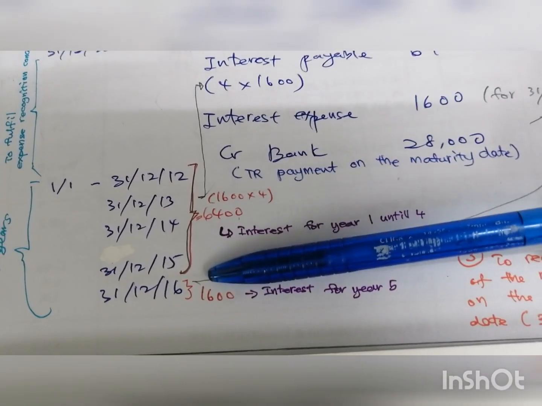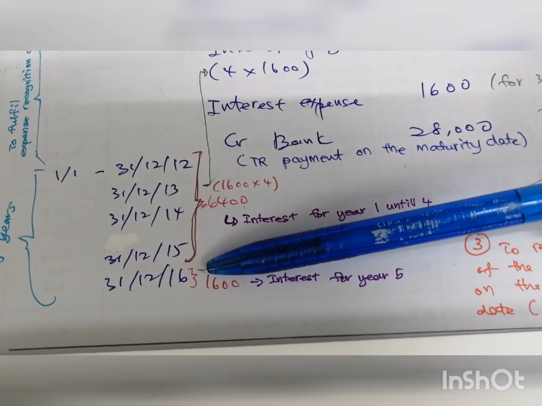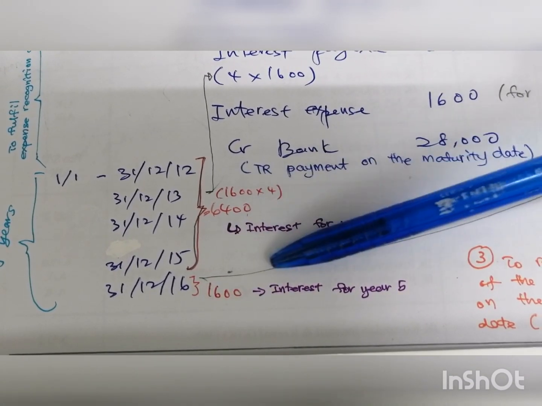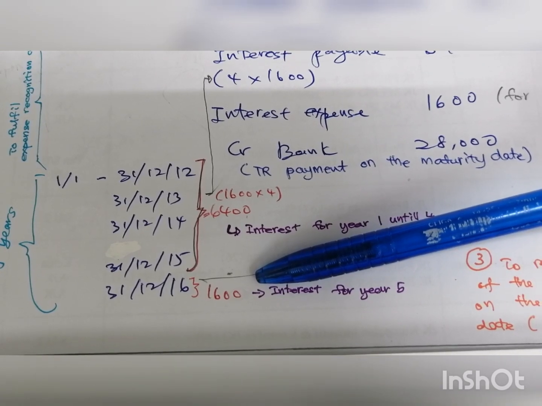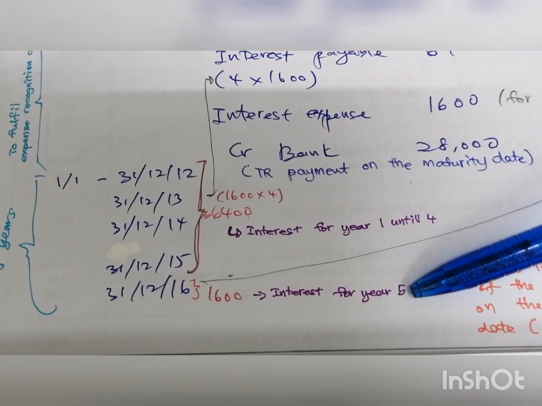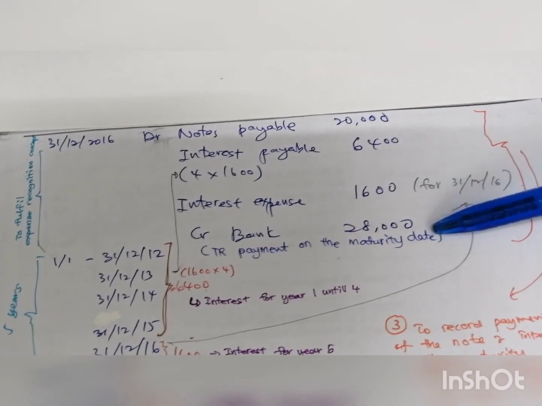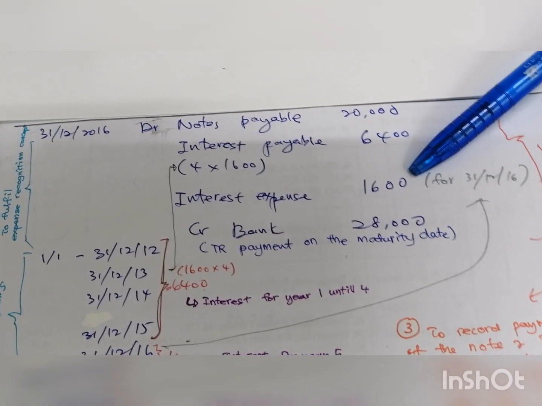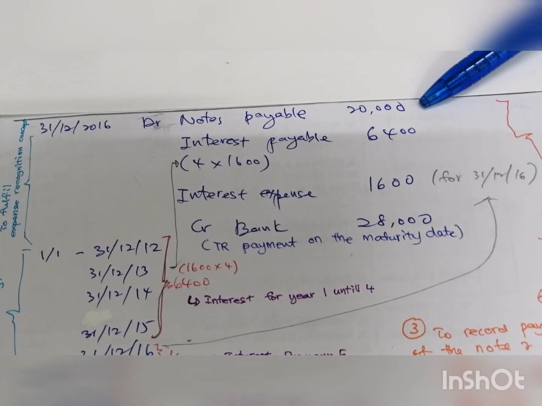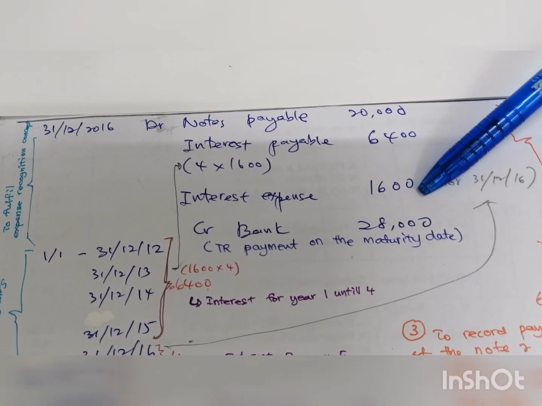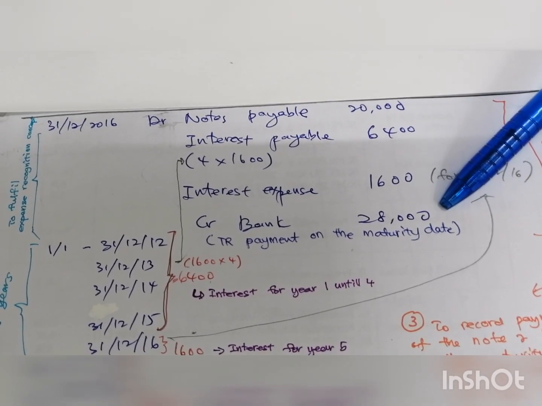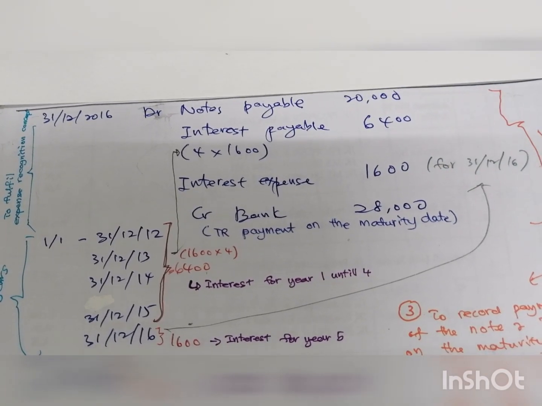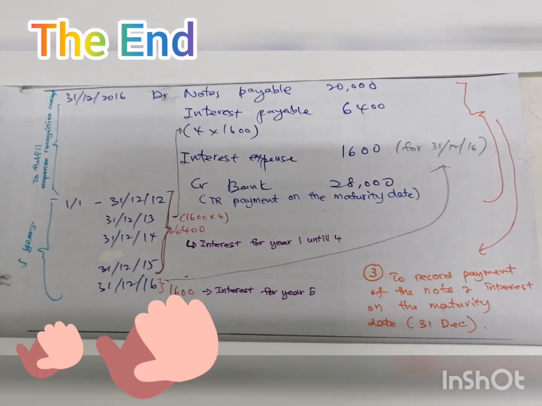The interest for the final year, at 31st December 2016, is only 1,600. So this is the interest for year 5. That's why we record here interest expense of 1,600. Add these together and you will get the total for the bank credit. So this is the way to do step 3.